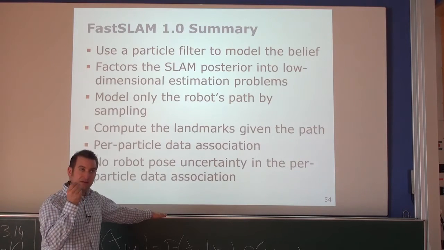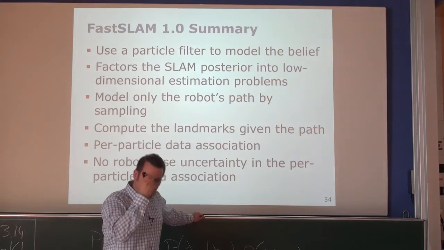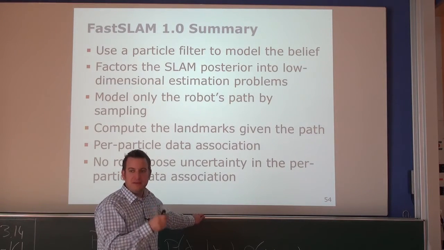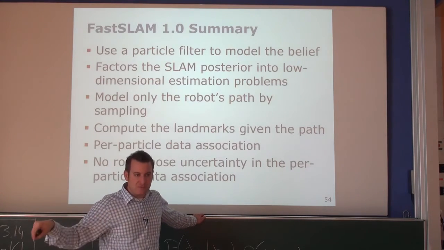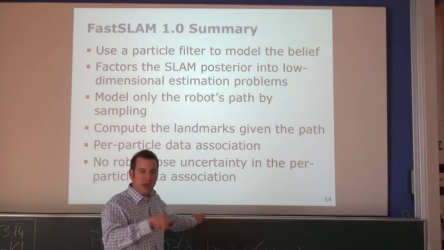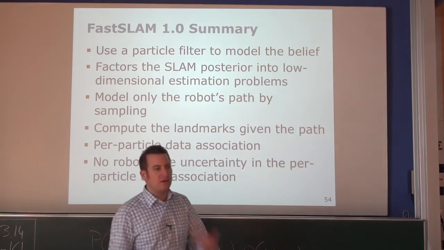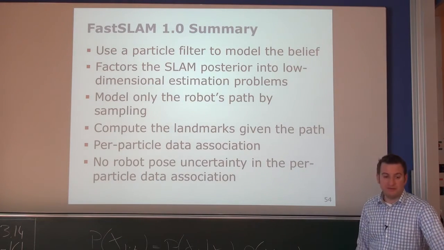So for every data association decision that you do, you don't have a distribution about the robot's pose, but you have a concrete instance. The robot was here. That was the sampled belief, and this makes it easier. Of course, you have to do n data associations for every particle, but it's much easier to do n simple data associations than one complex one where you have to reason or integrate over possible data associations given the uncertainty of the vehicle itself.